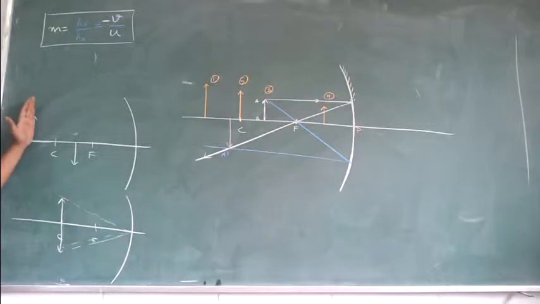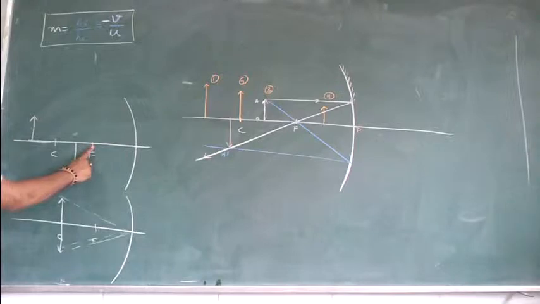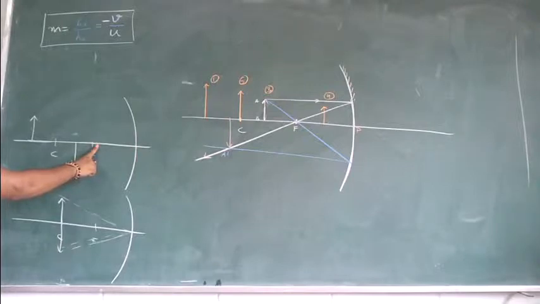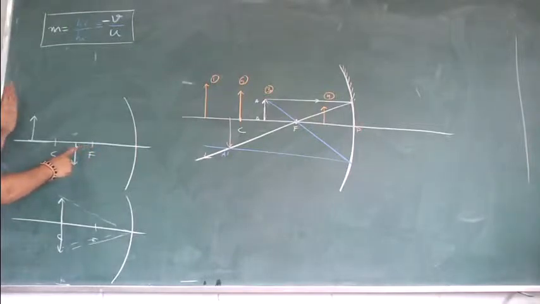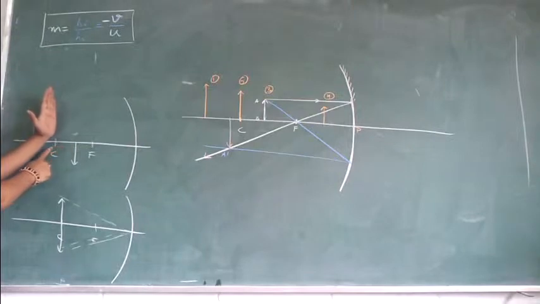When the object is at infinity, very very far off, where is the image formed? It will be formed at focus. It will be between C and F, very near to F, almost at focus. Now as the object comes nearer to C, the image leaves the focus and starts going towards C. And when you reach C, they meet at C fully.